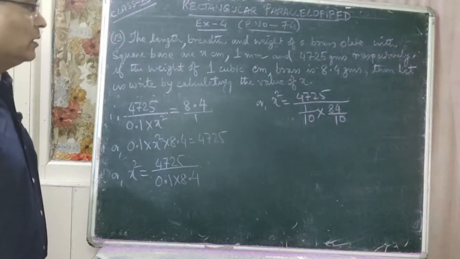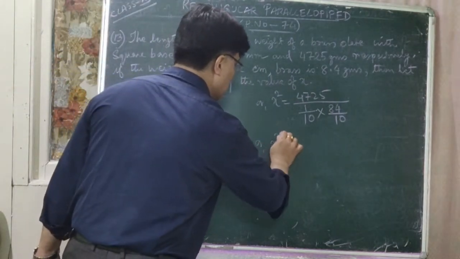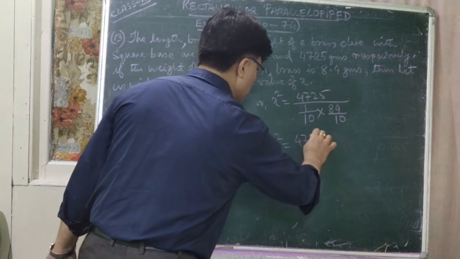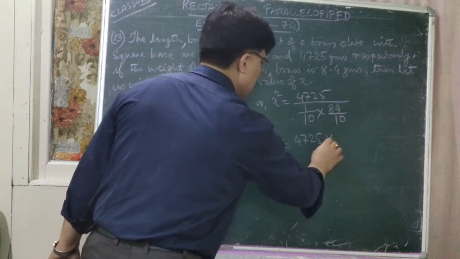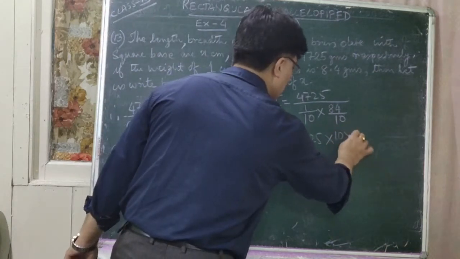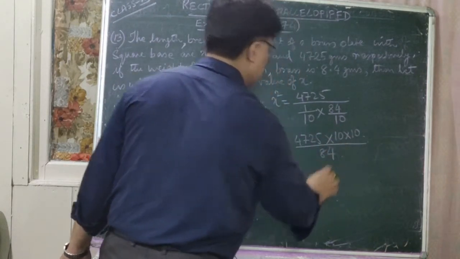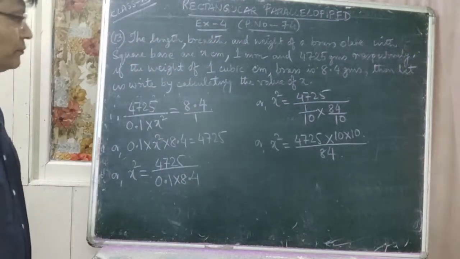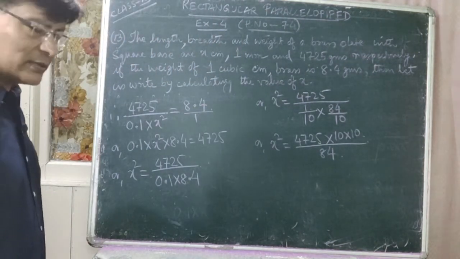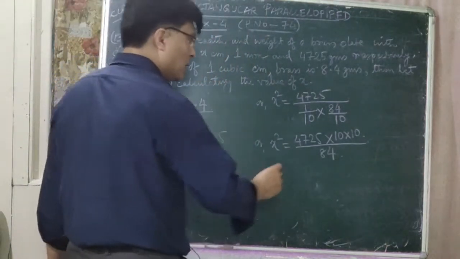So I think you have understood it. Now x square is equal to 4725 into, if you simplify this, 10 into 10 goes up in the numerator, divided by 84. Is that understood now?